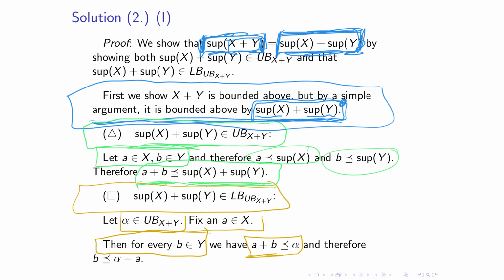We can move the choice of a to the other side so that we get that b ≤ alpha minus a. And that demonstrates that whatever this alpha minus a is, it must be an upper bound on the set y, right? Because b was an arbitrarily chosen element out of y. So whatever this fixed element alpha minus a is, it's an upper bound on the set y.